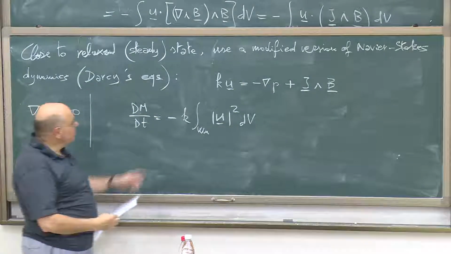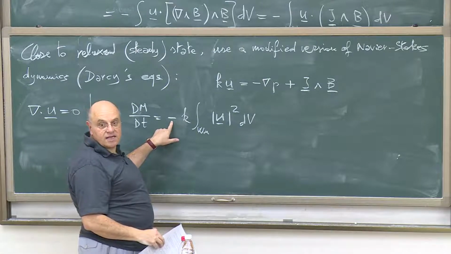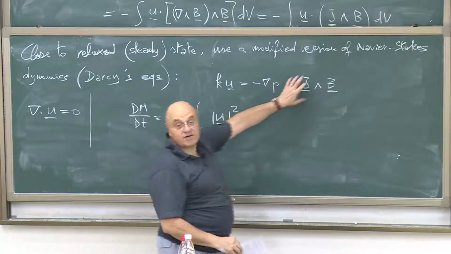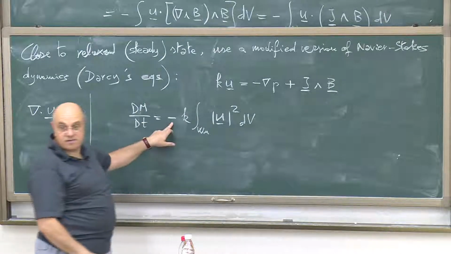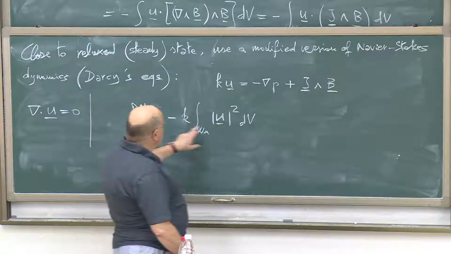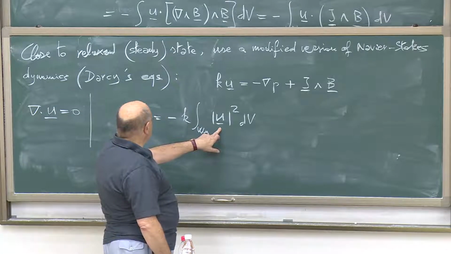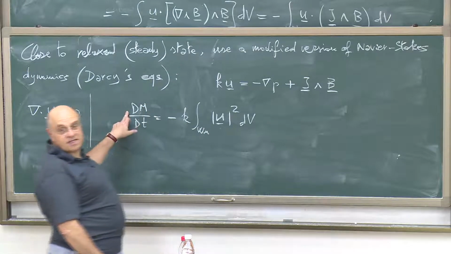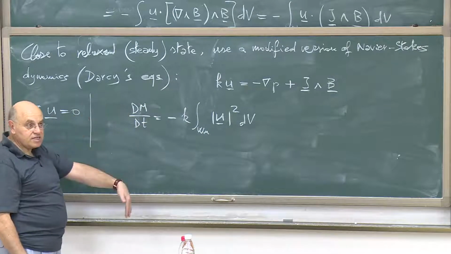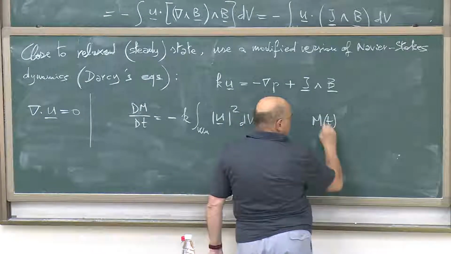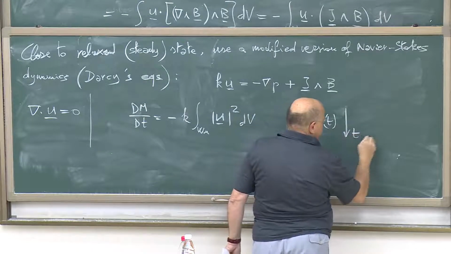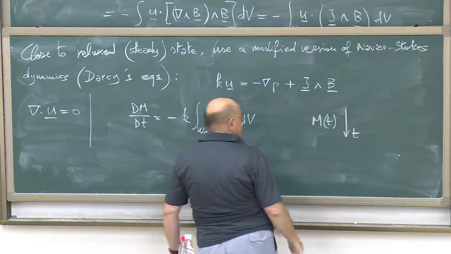And that's why you have this negative sign, whatever is the result of J cross B. And because this is positive, then evidently this has to be a decreasing function of time, with time going to infinity.